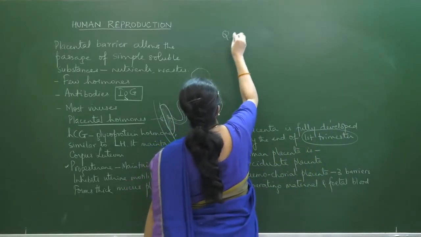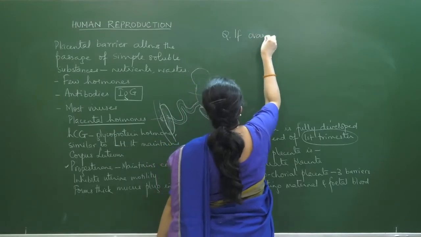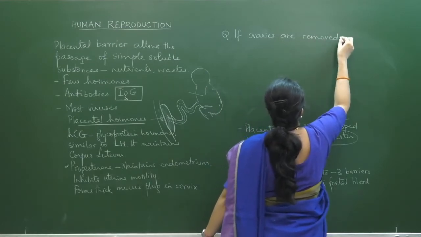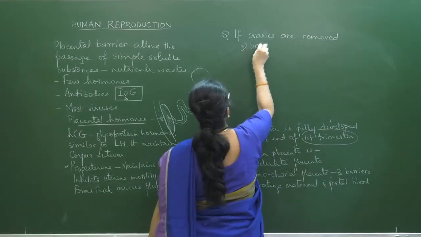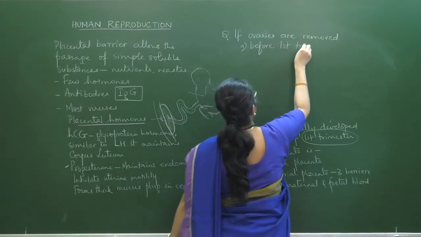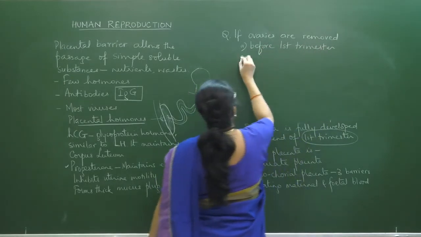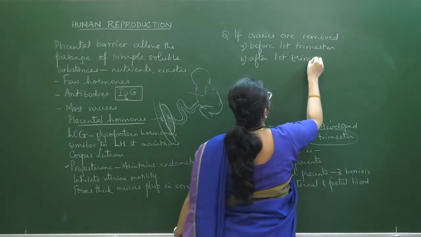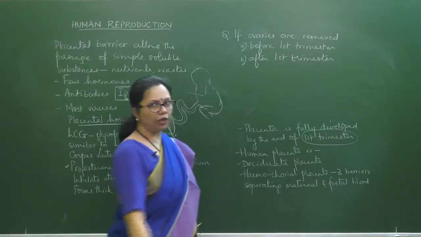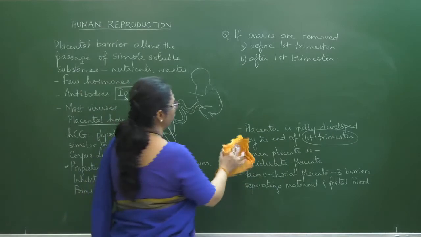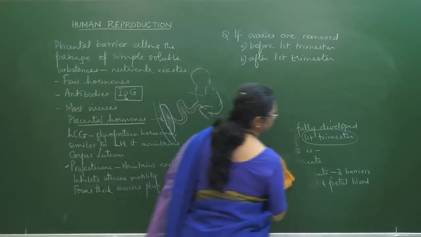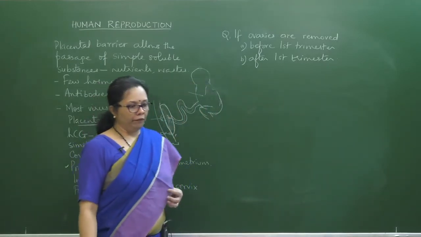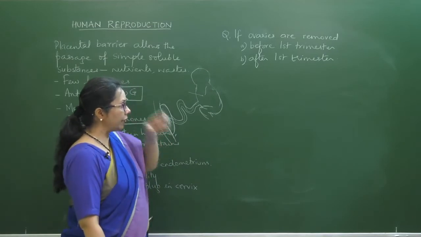So your question is that if the ovaries are removed, one is before the first trimester and another is after the first trimester, then what would happen to the pregnancy? Come on, write your answers and then I'll give you the explanation. Okay, so think and write.